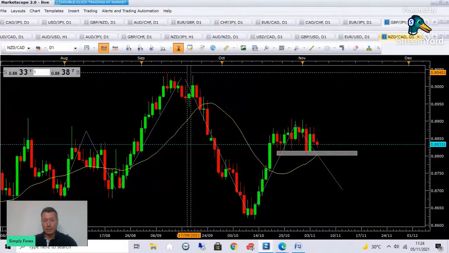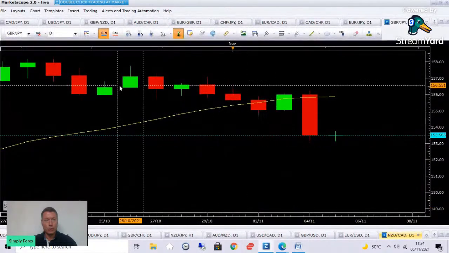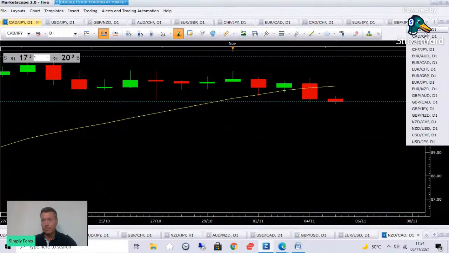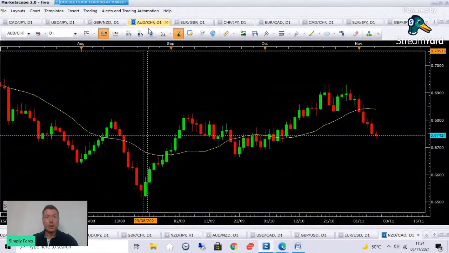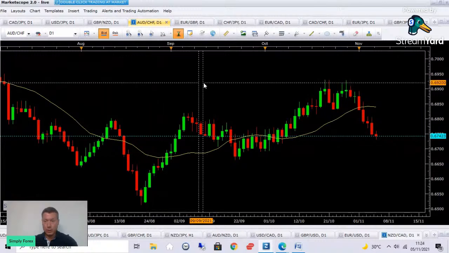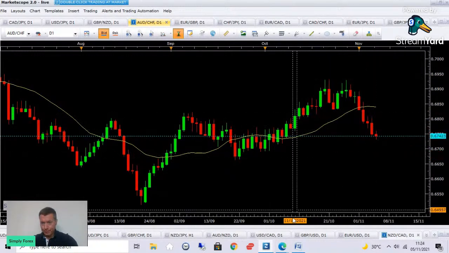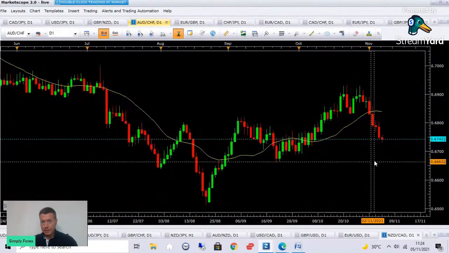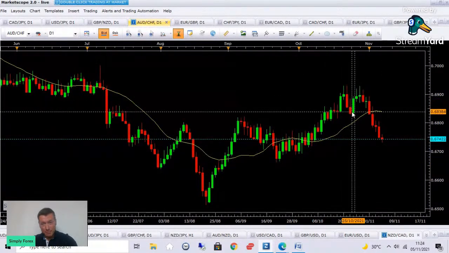Okay, let's carry on. Let's start with Aussie dollar against the Swiss franc. So what am I seeing here? Market similar to Aussie dollar yen.